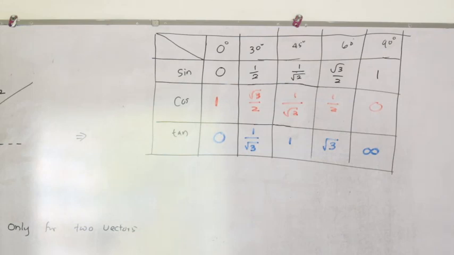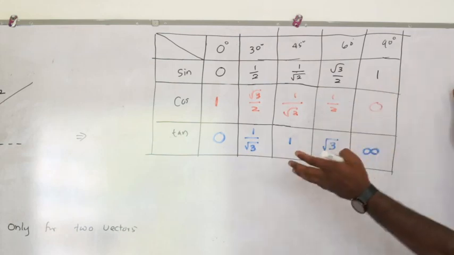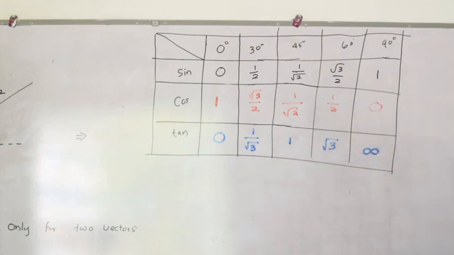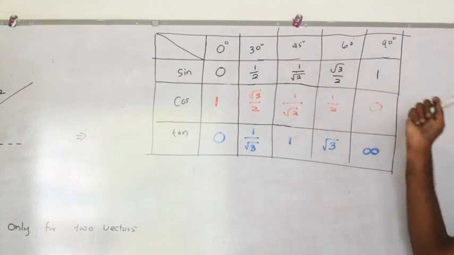Alright, do we need to remember this? Yes, definitely, right? At least until the A levels, you should remember these values as fractions, because they are used in wide cases, not just for these vectors. We are learning especially for mechanics, which means we are dealing with forces, velocities and everything, so you need to deal with these values.